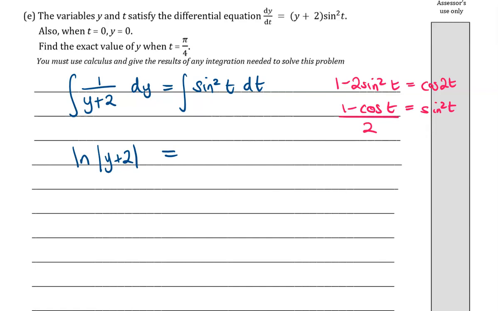So pop that back into here, and we are now trying to integrate 1 minus cos, oh, whoops, I missed the 2t over here, so missed out the 2 when I moved it over. And then that's over 2 with respect to t. And then that's probably actually easier to think of as 2 separate things.